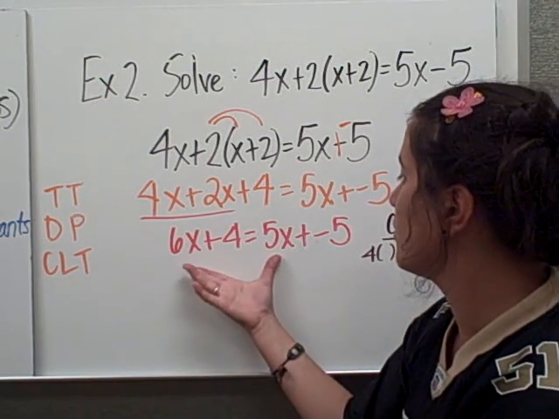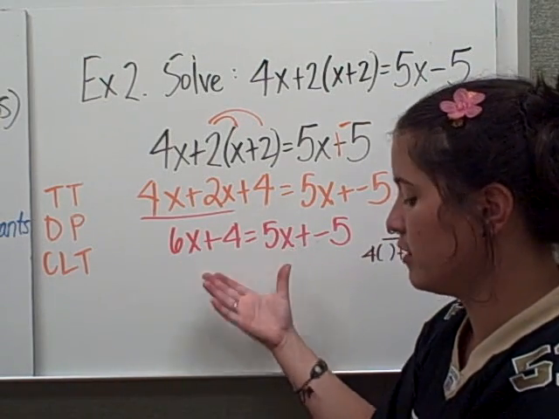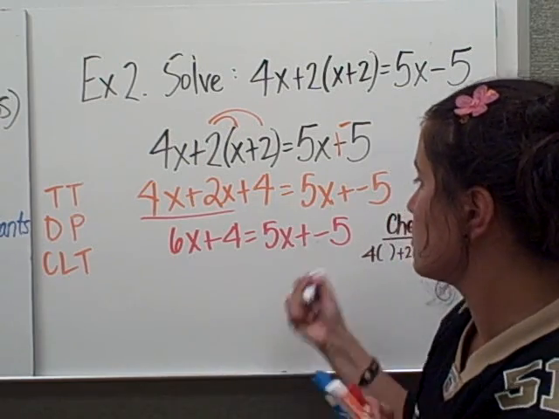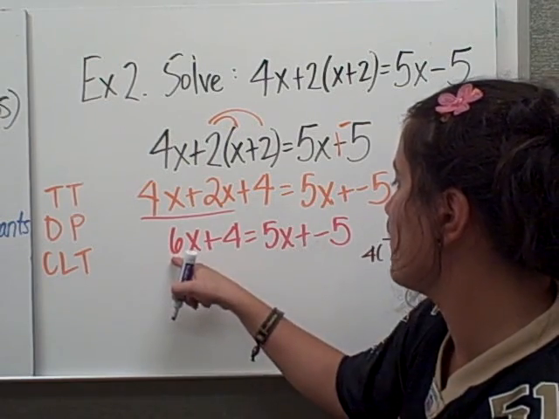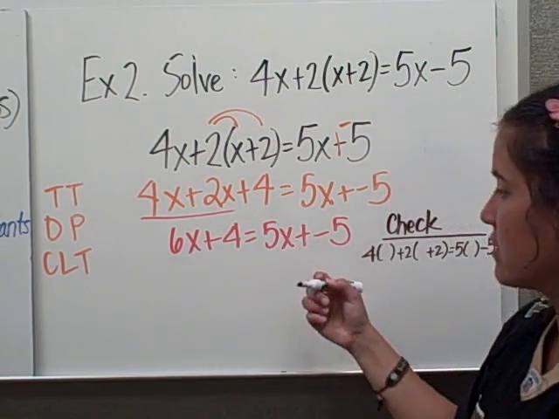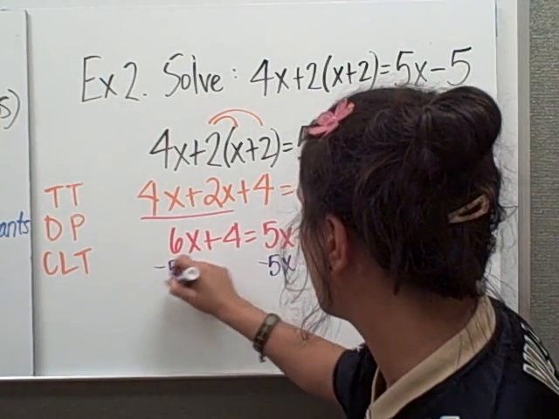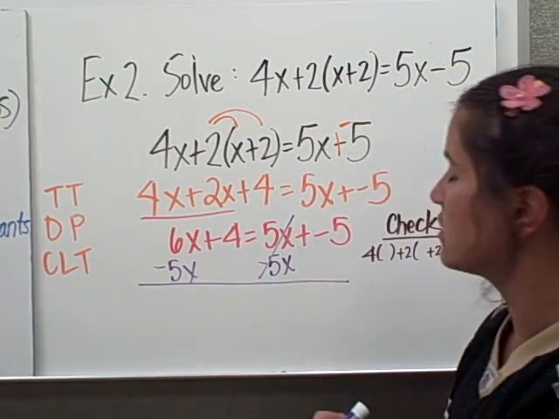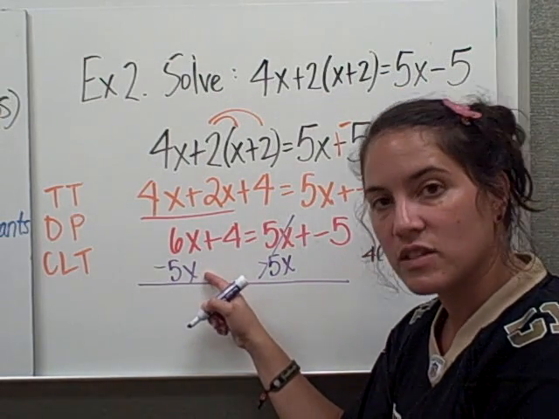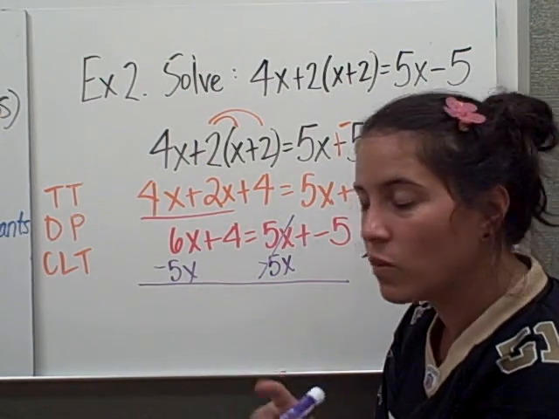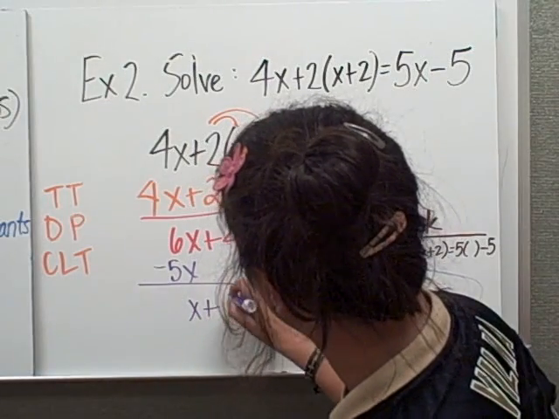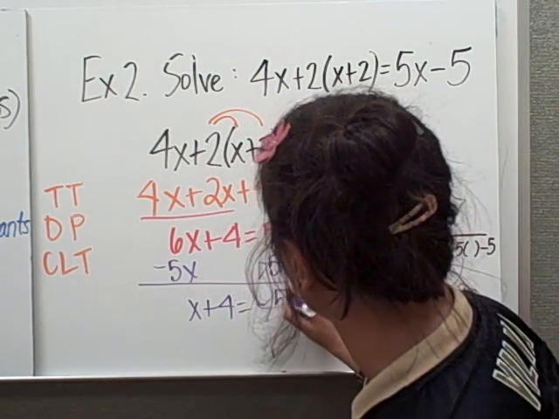Now I have variables on both sides. I want to move my variables to the left. So to do that, I want to take away 5x, because this is plus 5x. So I want to minus 5x on both sides. 6x minus 5x leaves us with 1x. x plus 4 equals negative 5.